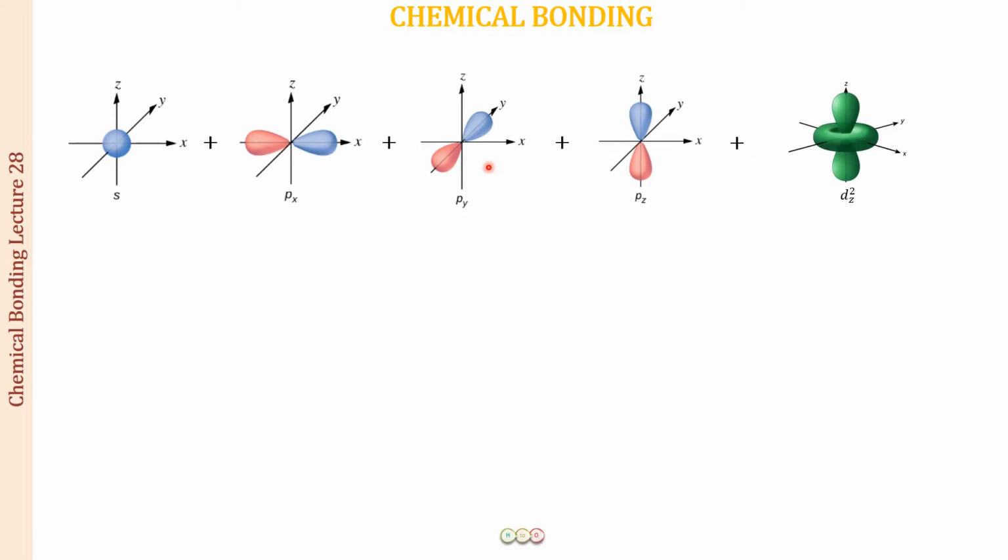But when we consider the d orbitals, they are 5 in number and there is a slight difference in their energies. This difference in energy is something you will be studying again in class 12th in the course coordination compounds. There we will be discussing all this in quite great detail.